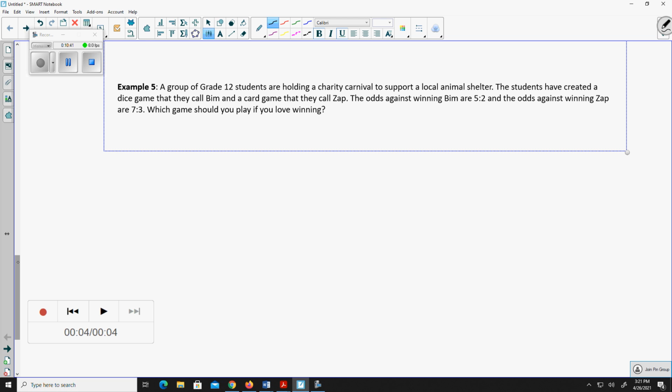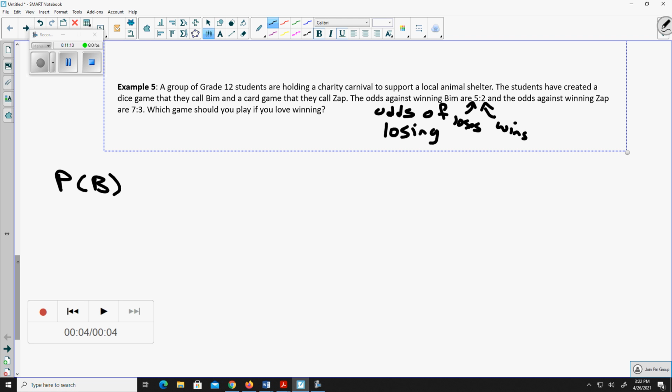Okay, so the odds against winning, so this would be the odds of losing. All right. So that means for probability of BIM. What that means is for BIM here, these are your losses, these are your wins.